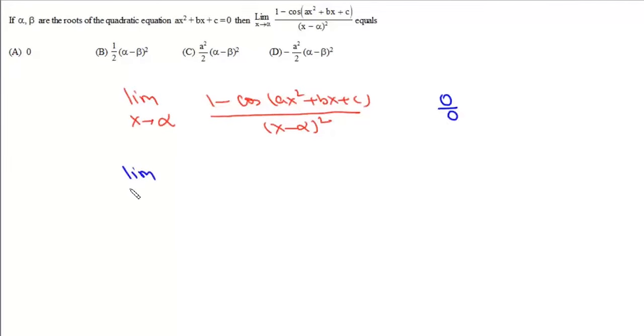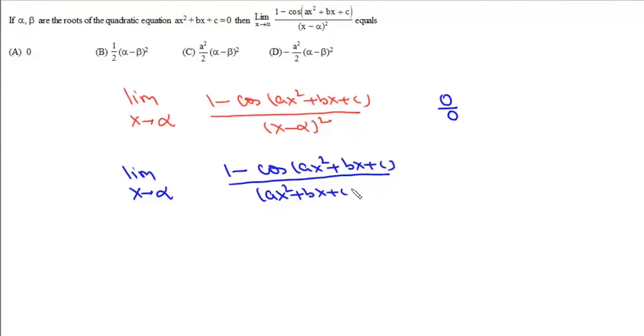So we can write limit x tends to alpha, and this is 1 minus cos (ax square plus bx plus c) upon, so this is 1 minus cos x upon x square. So it will be this (ax square plus bx plus c) whole square into this (ax square plus bx plus c) whole square divided by (x minus alpha) square. Now this standard limit, it is 1 by 2.